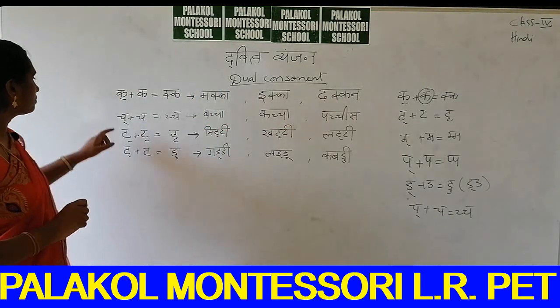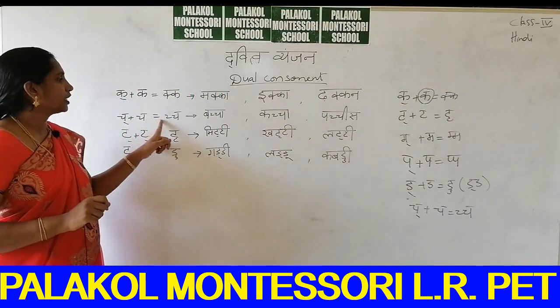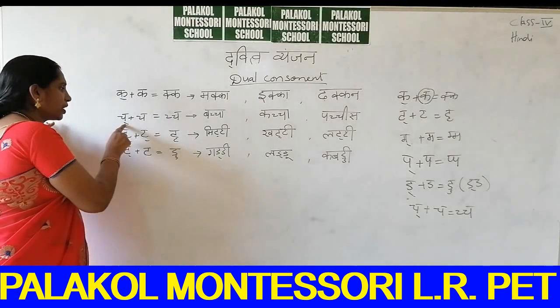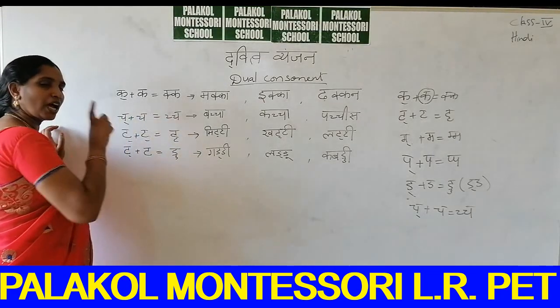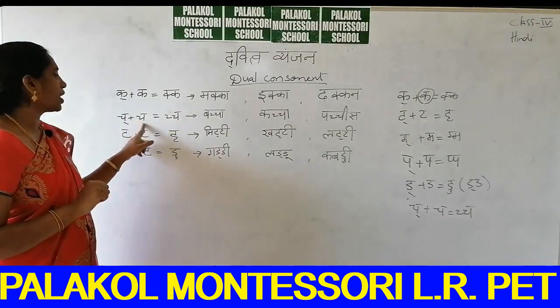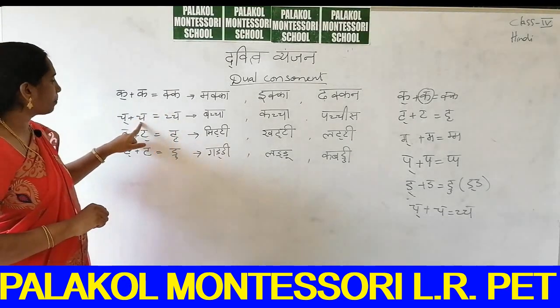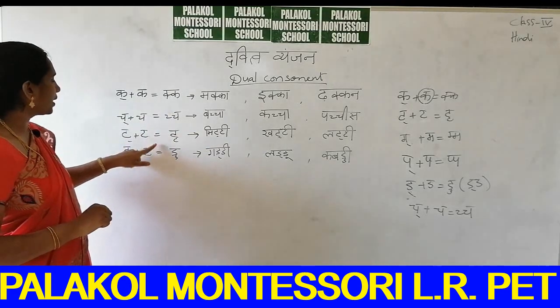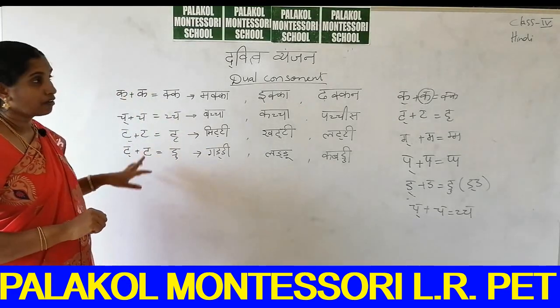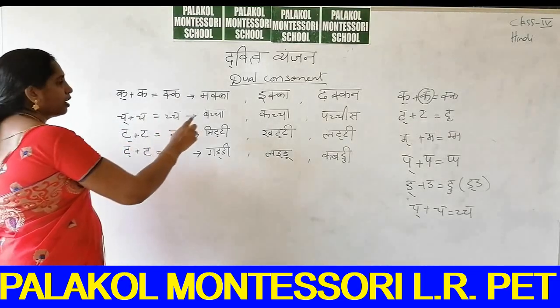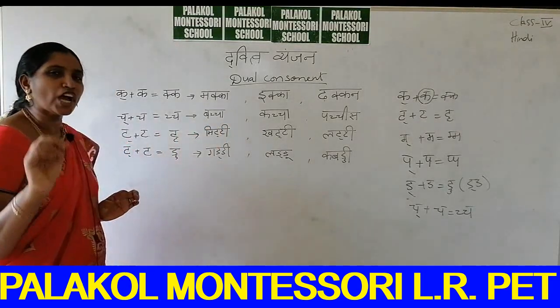Cha plus cha is equal to ccha. Here is half cha, the halant word. Half cha plus full cha. Wherever I am not keeping the halant, that is called a full letter, full vyanjan. So bachcha, bachcha means child.